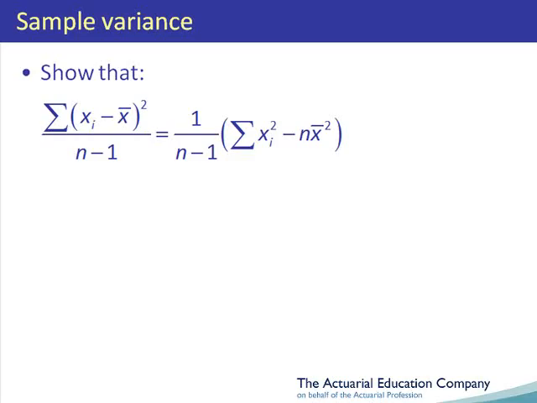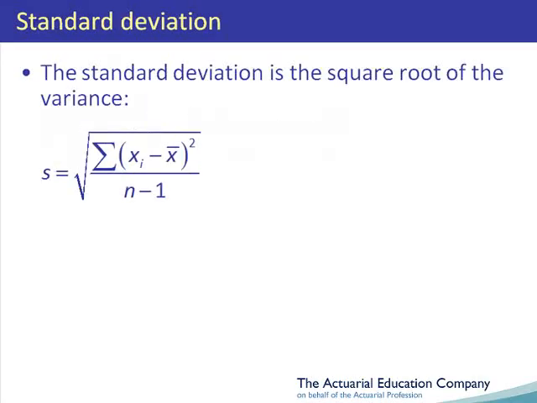In fact, there is a slight disadvantage to the sample variance in that its unit of calculation does not match the unit of the individual sample values. So, for the claim amount data, if these amounts are in pounds, the variance is measured in pounds squared. To get around this problem, we may use the sample standard deviation instead.